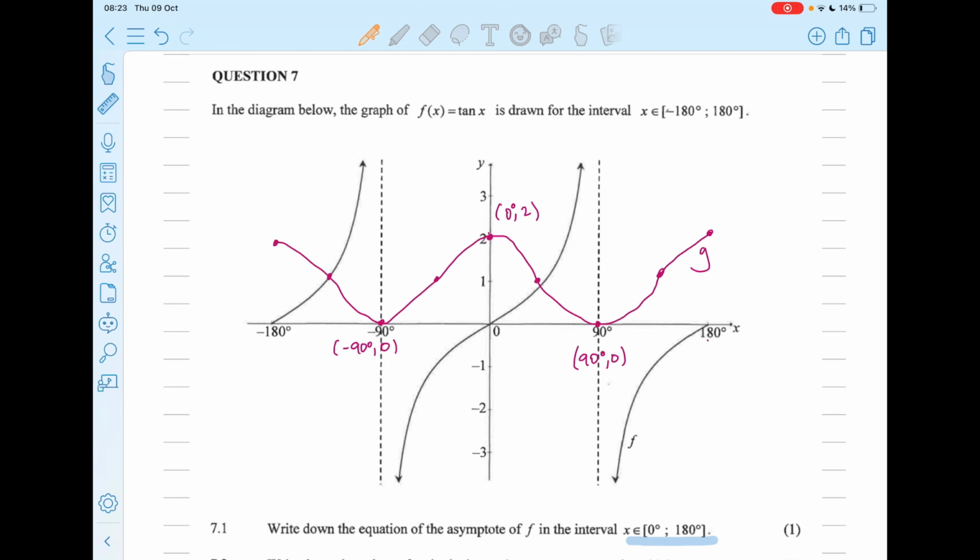Looking at our two graphs, they intersect over here and over here.